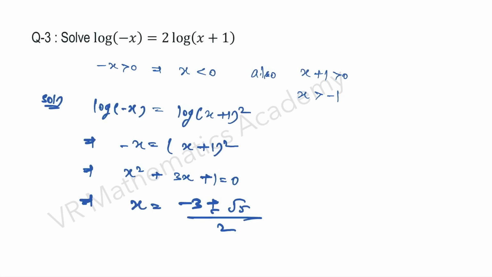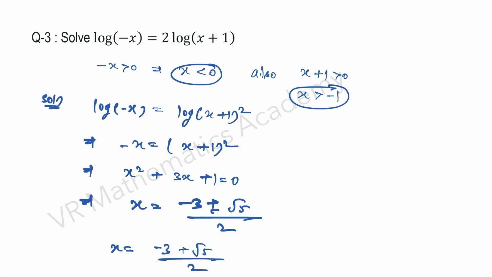But we know that x is less than 0 and x greater than minus 1. So the value x equal to minus 3 plus root 5 over 2 will be the only solution of this equation because it satisfies this domain, x less than 0 and x greater than minus 1.